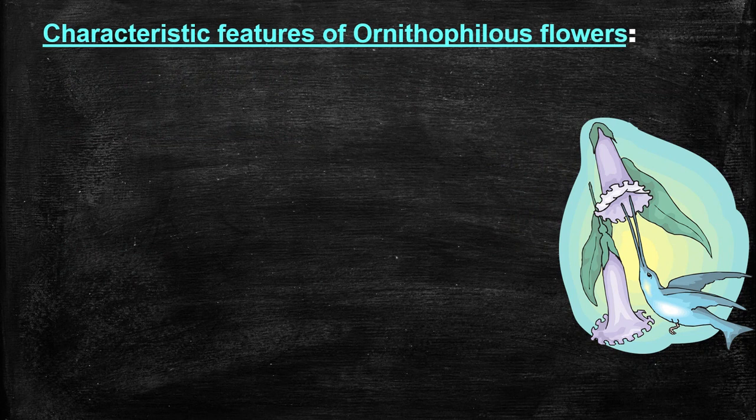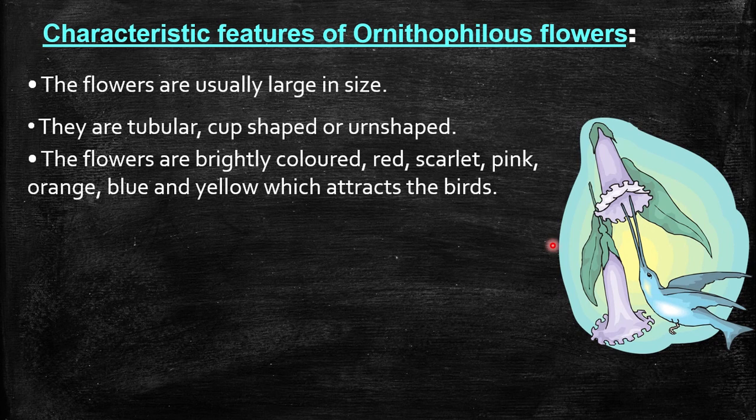Next, we are going to see the characteristic features of ornithophilous flowers. The flowers are usually large in size. They are tubular, cup-shaped or urn-shaped. The flowers are brightly colored, red, scarlet, pink, orange, blue and yellow, which attracts the birds.